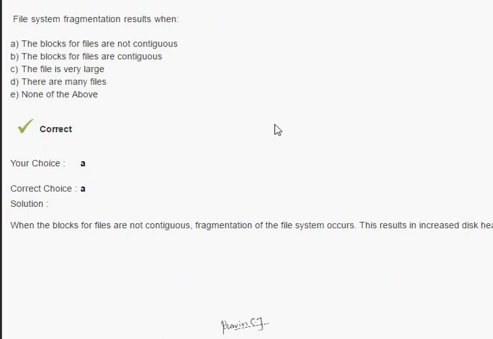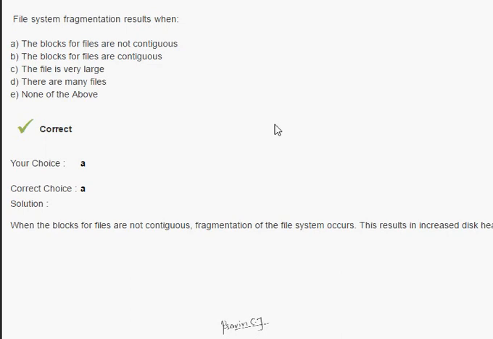The next question is regarding file system fragmentation. The options are: the blocks of the files are not contiguous, the blocks of files are contiguous, the file is very large, there are many files, and none of the above.